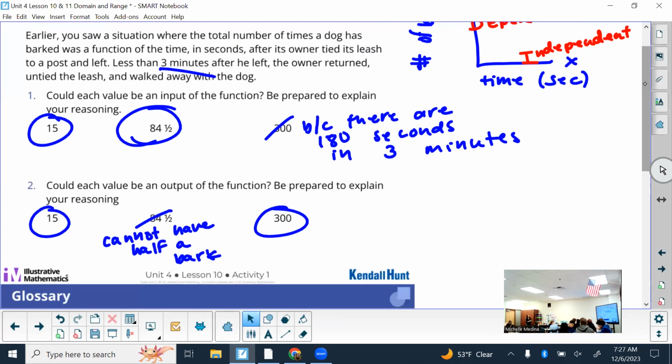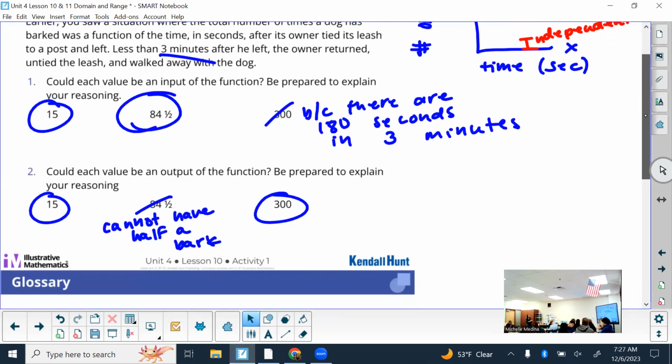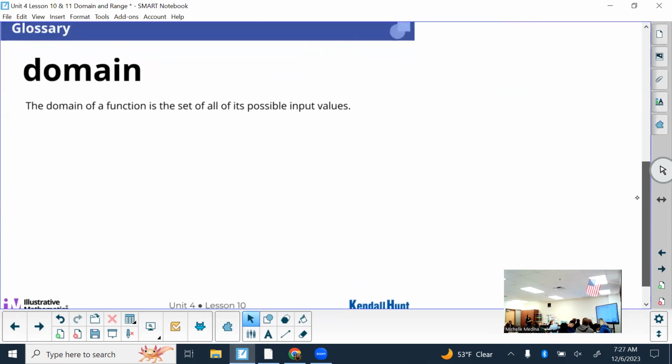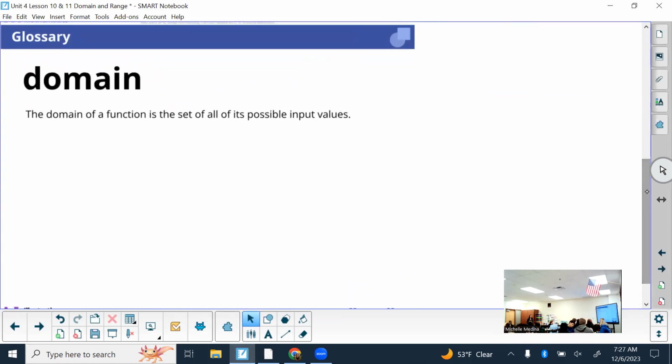So I told you the lesson is called domain and range, so you should probably know what that is. Feel free to jot it down somewhere. You might just be able to remember it. I'll try to give you an easy way to remember it. But the domain of a function is the set of all the possible input values.